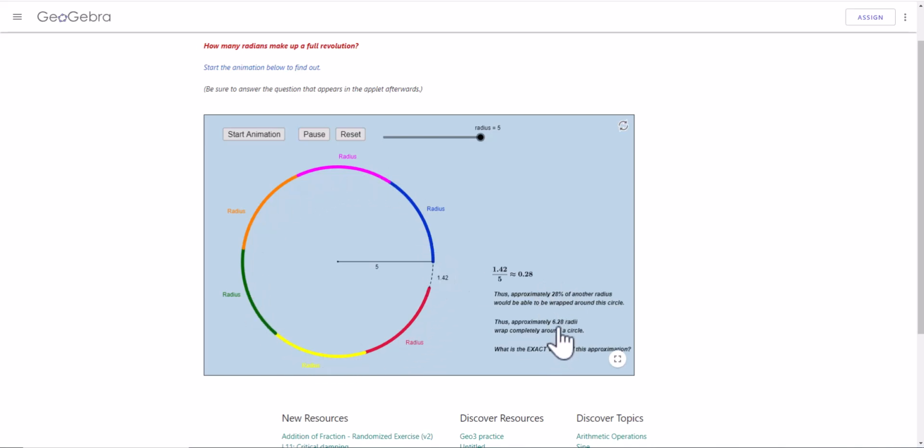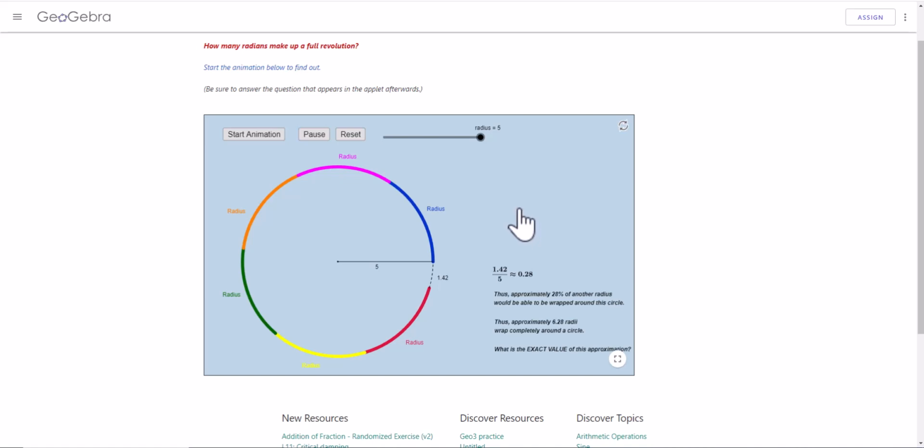Does that number seem very familiar to you? 6.28. What does that sound like? What number are you thinking of? What about 2 pi? Because pi is 3.14, and if I double that, I get 6.28. So how about that? 2 pi r, what does that tell you? 2 pi r, that's a formula we learned a long time ago. What is that?